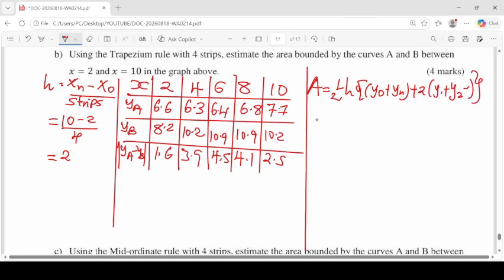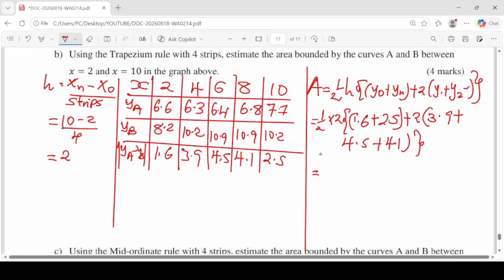So this will be now a half times h, which we found as 2, into the end values of the y, that is 1.6 plus 2.5, then plus 2 into the middle y values, that is 3.9 plus 4.5 plus 4.1, that way.